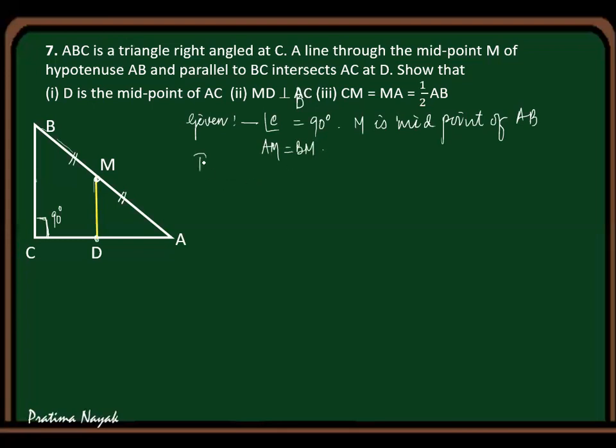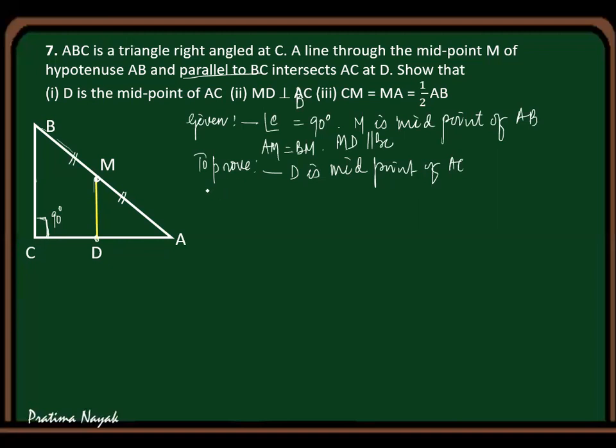Now to prove, D is the midpoint of AC. So this is the converse of the midpoint theorem. Why? It is given MD is parallel to BC.